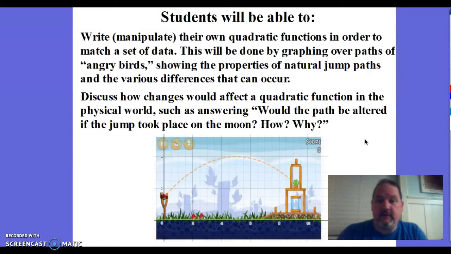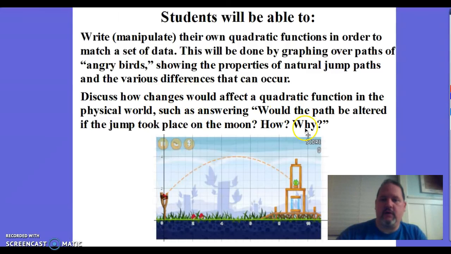There are different ways to go about that. It can be guess and check, right? But if a student can begin to match a set of data with a quadratic function, such as I propose bringing in Angry Birds, and talking about those paths and starting to break them down with a graph more.